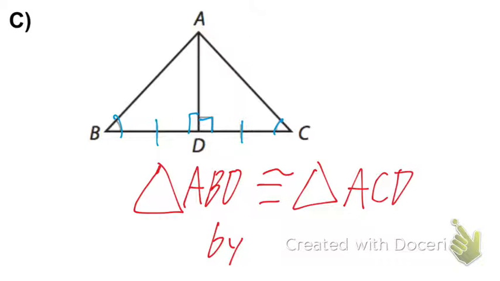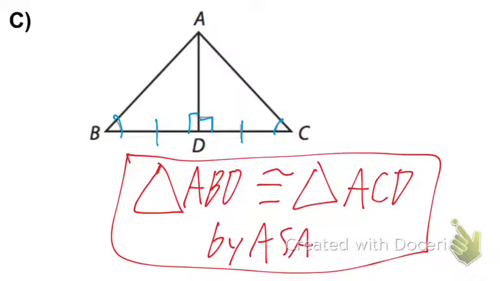Very good. And what's our reasoning? Angle side angle. Very good, Ryan's correct there. Triangle ABD is congruent to triangle ACD by angle side angle, or ASA. Now, Ryan didn't have to call the first triangle ABD, but because he did, the second triangle had to be ACD.